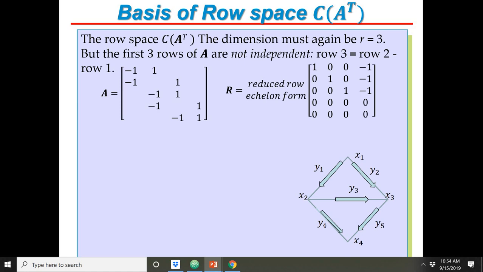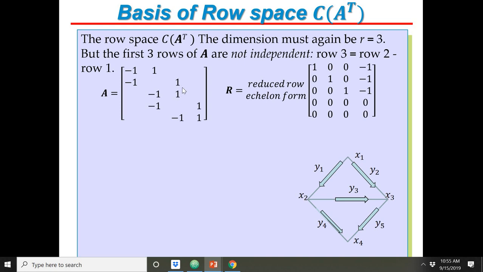So let's look at the row space and try to identify which rows of this matrix A form the independent rows and the basis for the row space. Now, you may say, without thinking much, that maybe the first 3 rows form the basis for the matrices A and R. But if you look carefully, row 3 of A is really row 2 minus row 1.